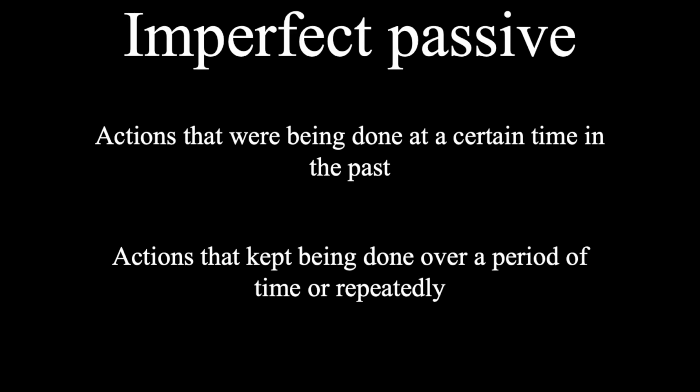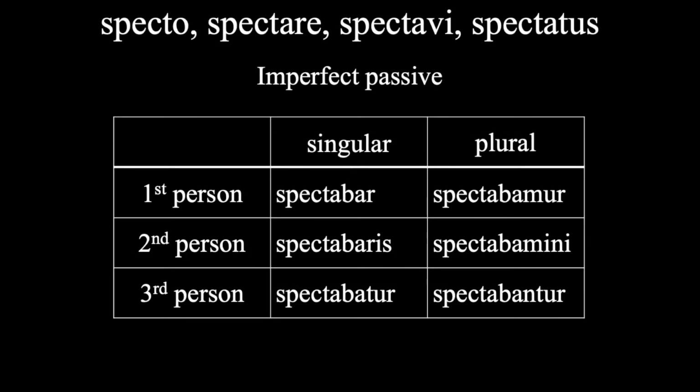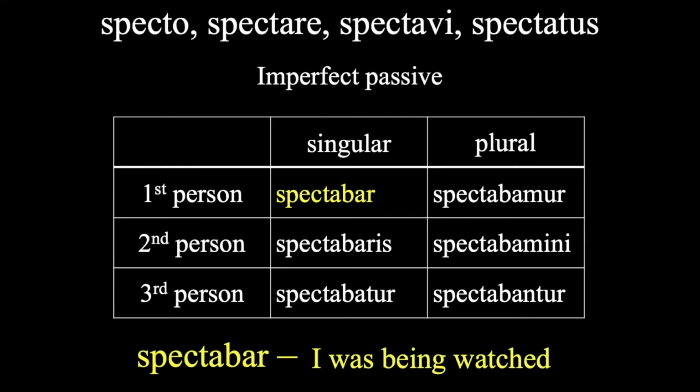So the first person singular form here, spectabar, could be translated, I was being watched, or maybe I was watched, to indicate something happening at a specific time. Or it could be translated, I used to be watched, or I kept being watched, to indicate that something was happening repeatedly or over a period of time. Just pick the translation that sounds best in the context you're dealing with, and that's all you need to do.